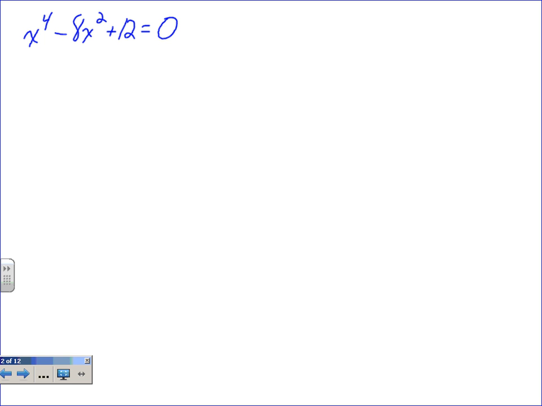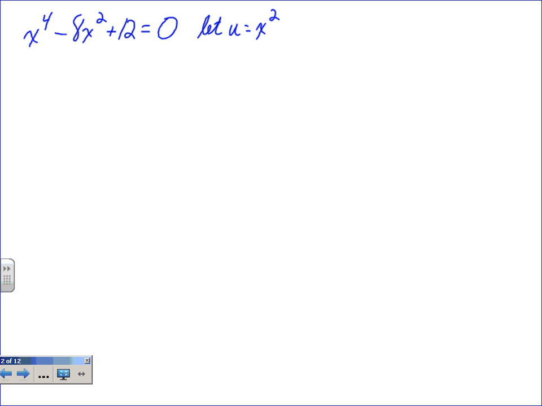The book says, let me read the directions to you. It's on page 453. Use variable substitution and factoring to find all the roots of each equation. Roots are the same as zeros. They're saying I'm going to let u equal x squared. Okay, this is using variable substitution.